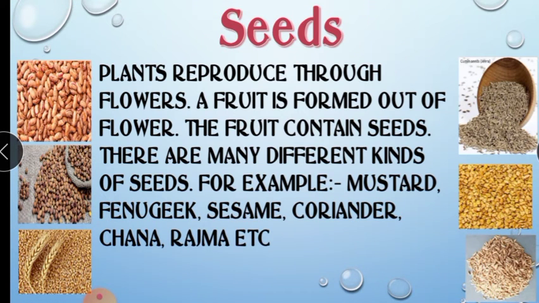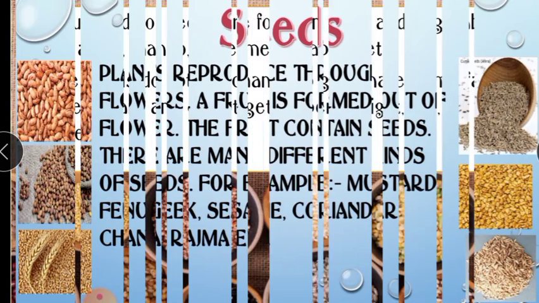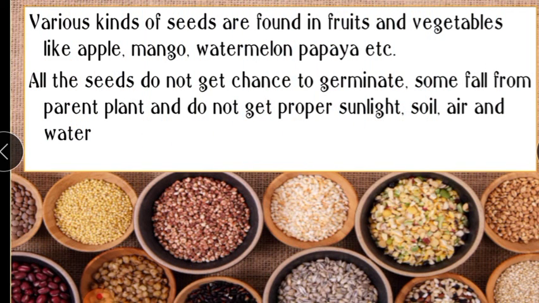You know kids, rajma, chana, these are also examples of seeds. They have different shape, color, and texture. Various kinds of seeds are found in fruits and vegetables like apple, mango, watermelon, papaya, etc.